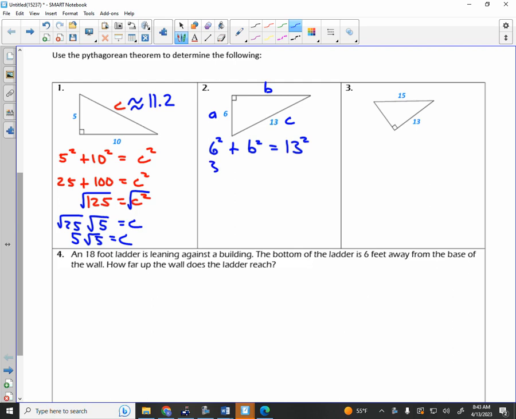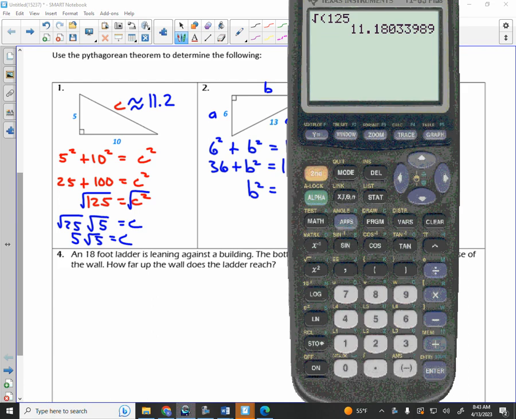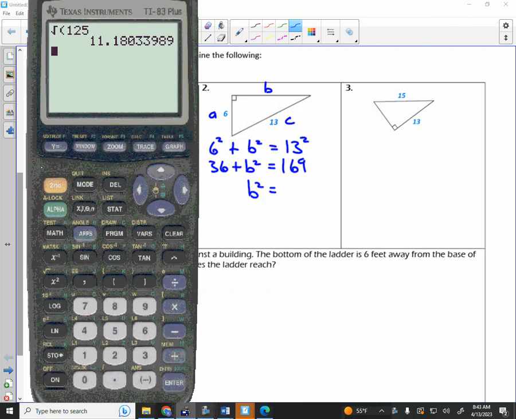6 squared is 36, and 13 squared is 169. B squared is, we take 169, we subtract 36, and I get 133.